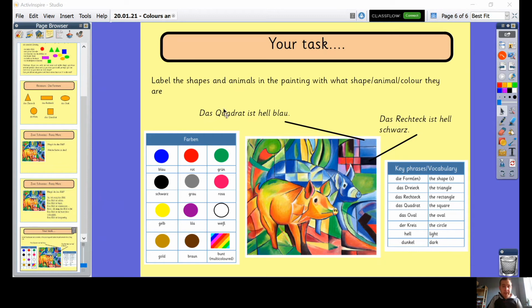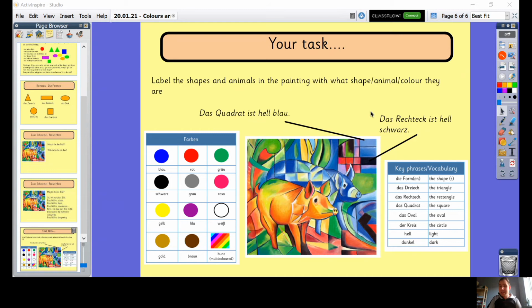So what I want is some different sentences describing the different shapes that you have within the picture. Whether you can label them with an arrow is one thing, but if not, you could just write me at least 3, 4, maybe 5 sentences that tell me about the different shapes in the picture, what colour they are, and if they are light or dark.